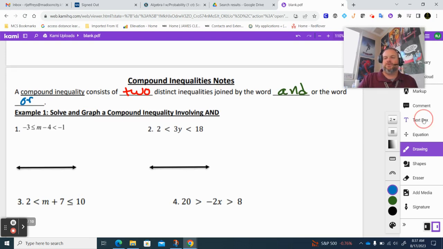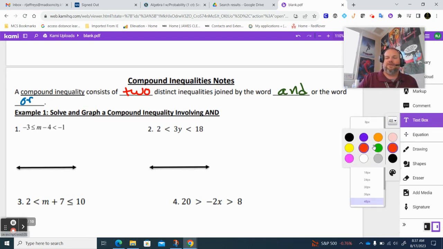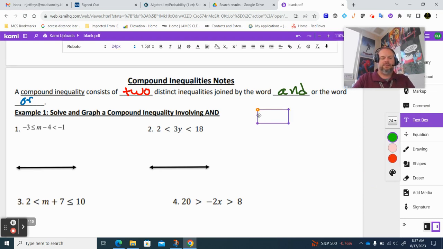The first ones we're going to look at are the ands, and I like to call them the and sandwich. That's not how you spell it.